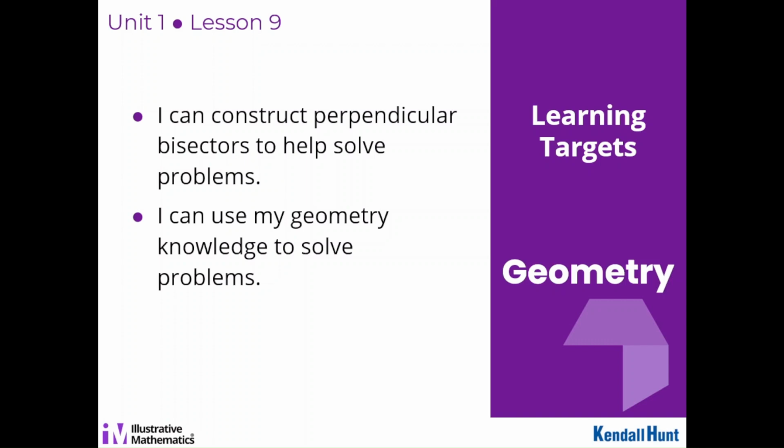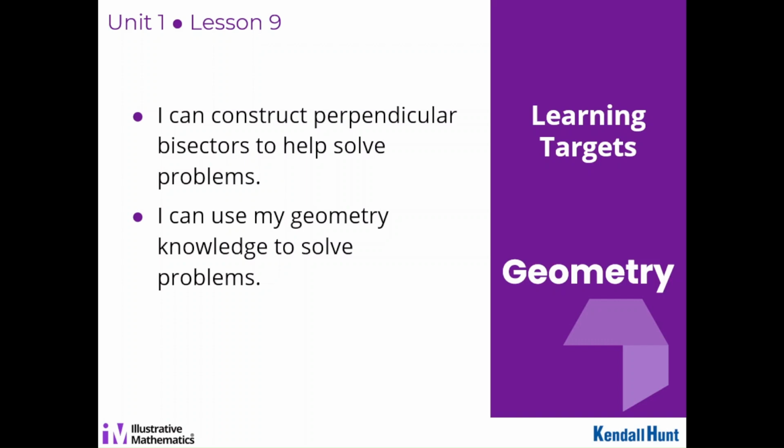And then because of that, everything on one side of the bisector is going to be closer to the endpoint on that side. Everything on the other side of the bisector is going to be closer to the endpoint on the other side. And then anything that is actually exactly on that bisector is the same exact distance from both endpoints.